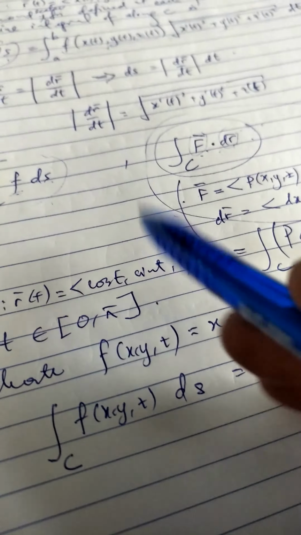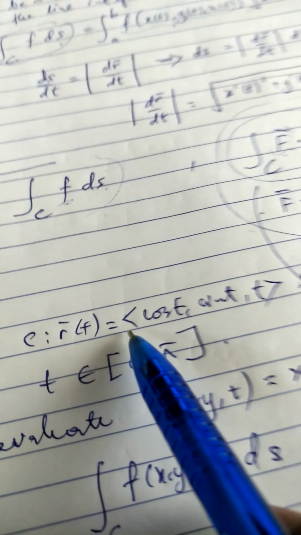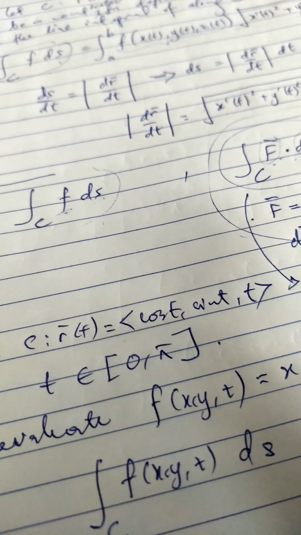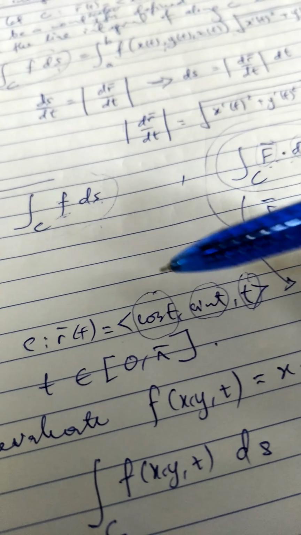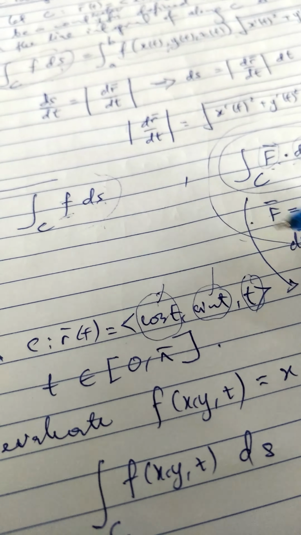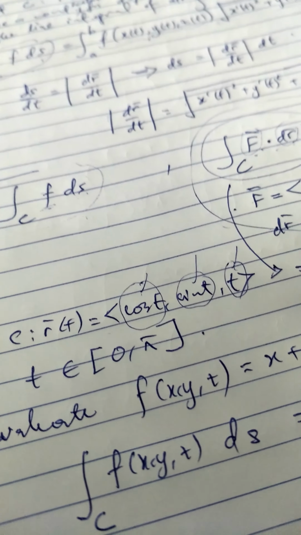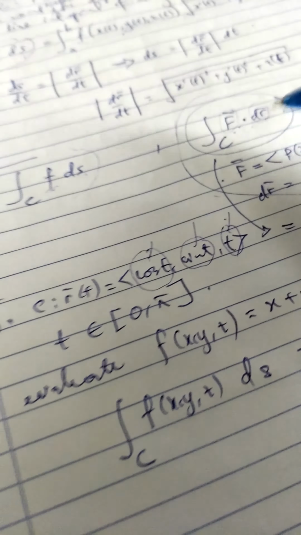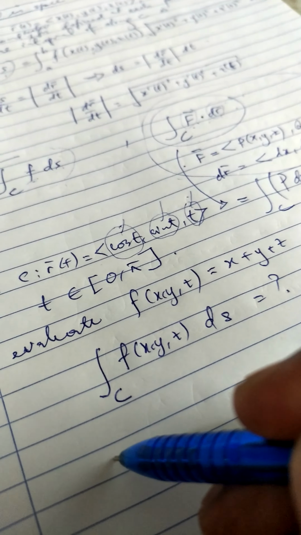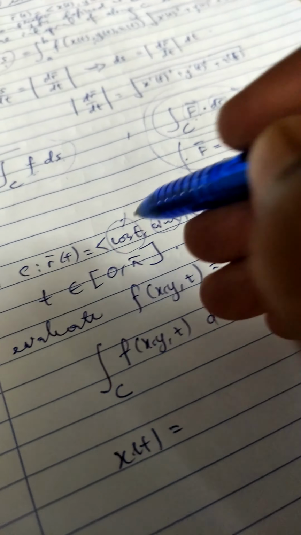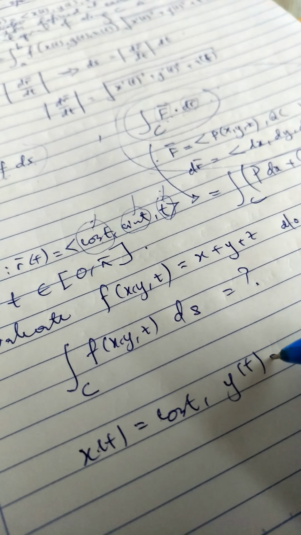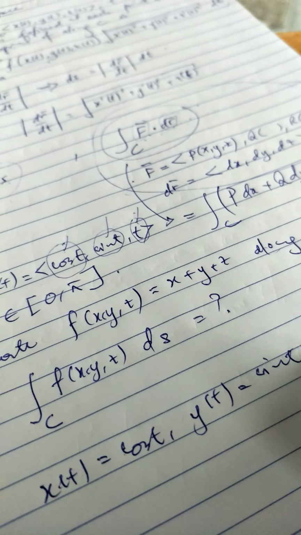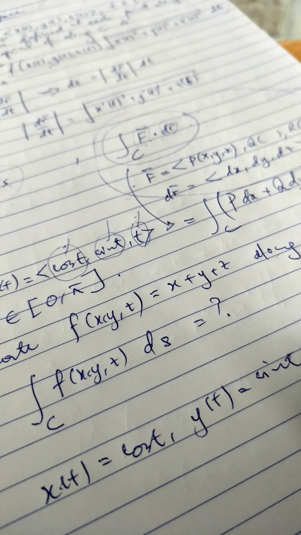Look at the given arc here, or the curve C. For each of these components, this is the component for x, this is the component for y, this is the component for z, so I can write those components in terms of x, y, z. So we have x(t) is actually the first term there, cos t, y(t) is sin t, and z(t) is equal to t.